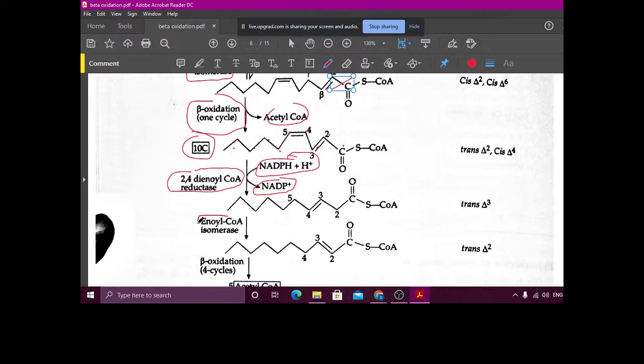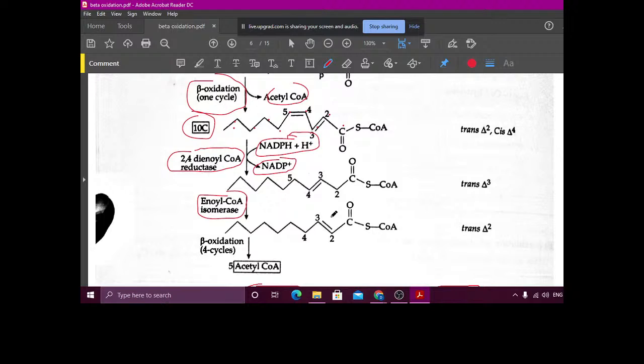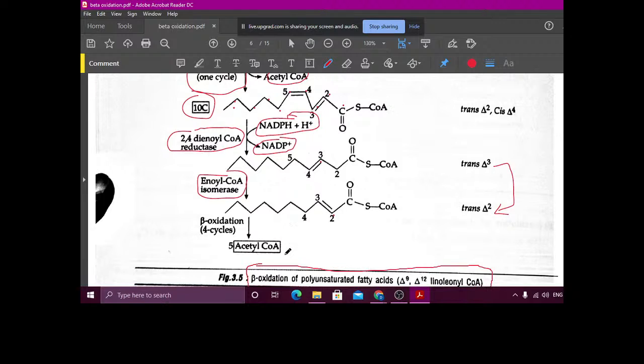Then enoyl CoA isomerase converts trans delta 3 into trans delta 2; the double bond moves from 3 to 2. After 4 rounds of beta oxidation, 5 acetyl coenzyme A come out, and this is how the whole beta oxidation takes place.